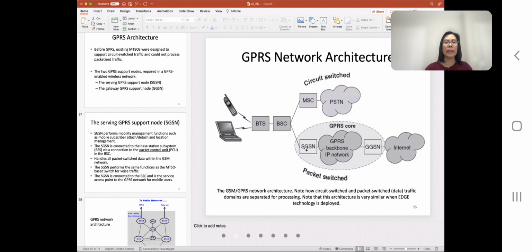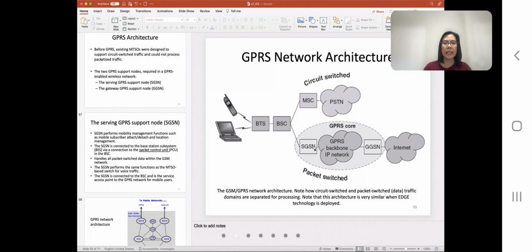It is connected to the base station subsystem through a unit called the packet control unit. We'll see that in the next diagram. It handles all the packet switched data within the GSM network. It performs the same function as the mobile telephone switching office, the MTSO, which is for voice.